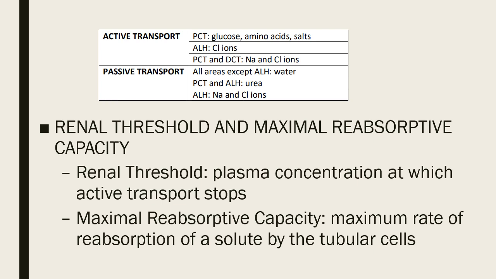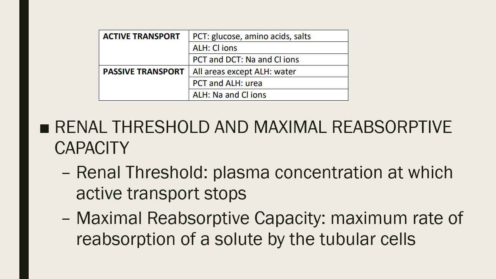For example, at a plasma concentration of 100 milligrams per dL there is effective reabsorption, so there is no excretion in the urine. You cannot see glucose in the urine.